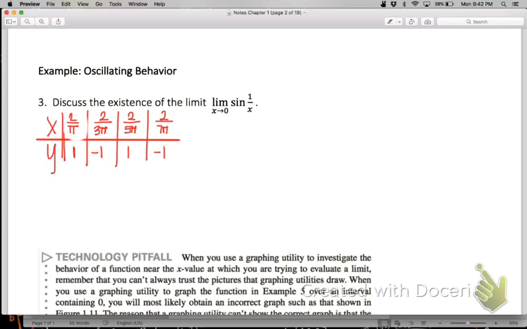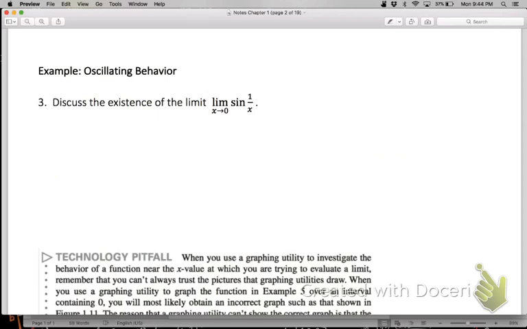And so when we discuss the limit here, we would say that the limit as x approaches 0 of sine of 1 over x does not exist because... Oh shoot, it went away. I'm going to rewrite it.